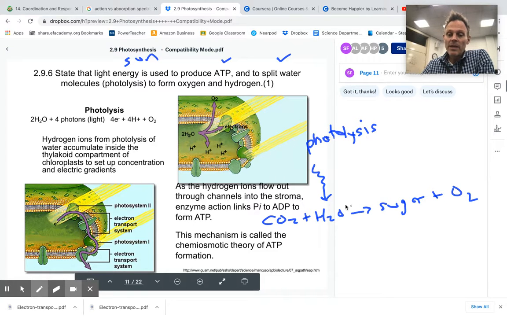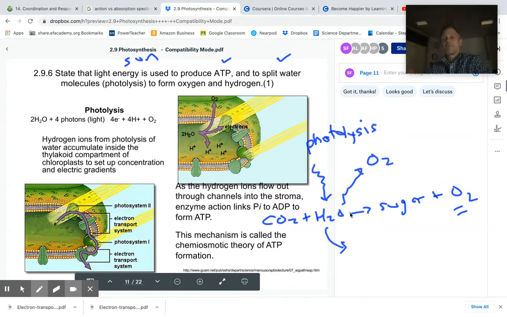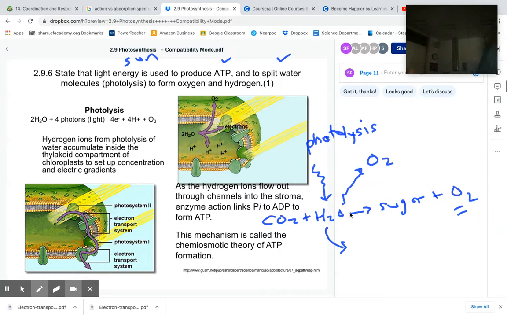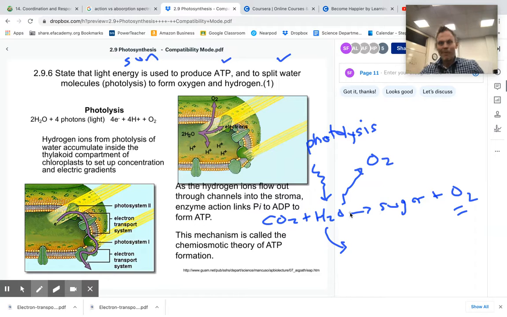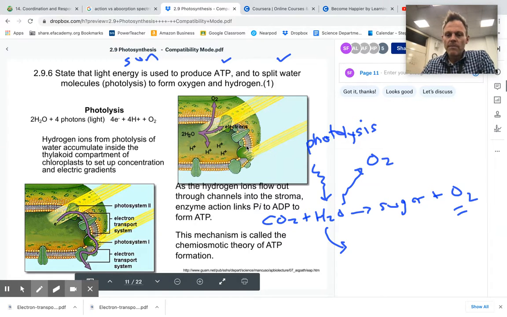And when we break this, one of the things that comes off is our oxygen. So that's like, bye-bye, O2 leaves our leaf. And this hydrogen is going to be used later to generate ATP.